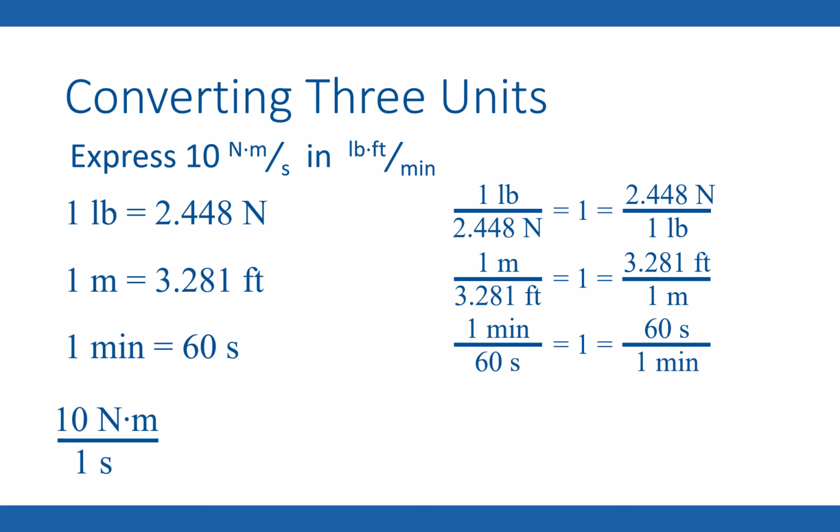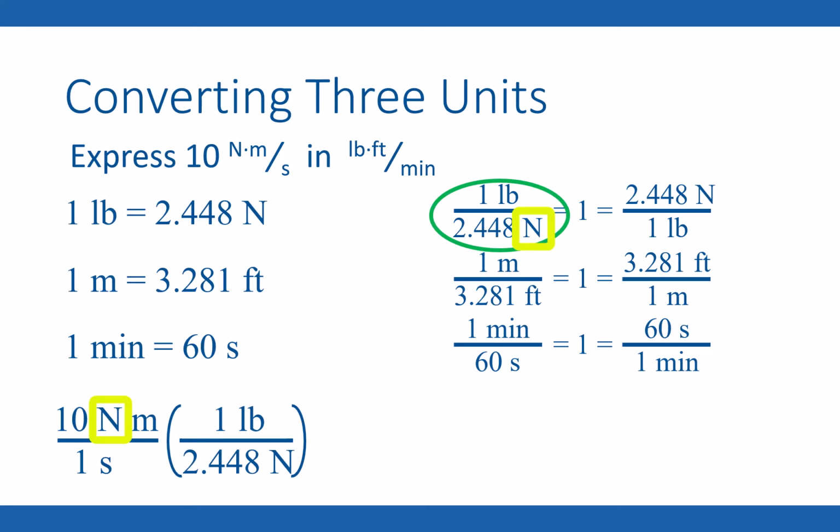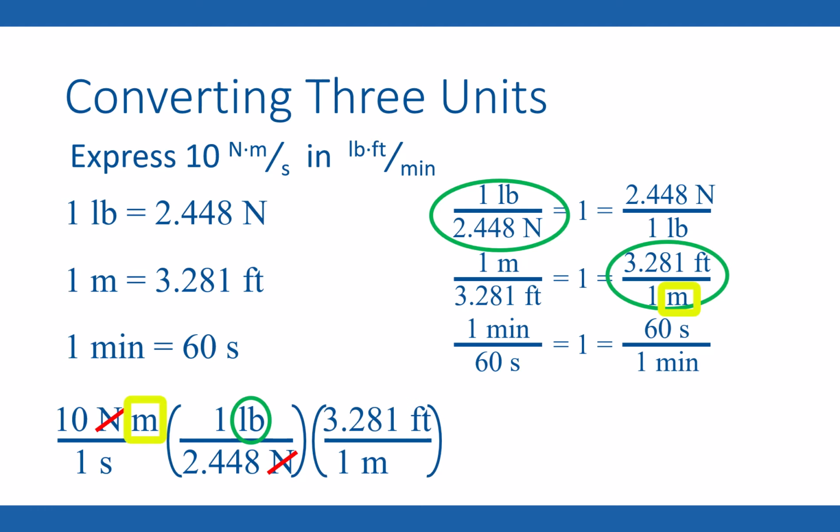Looking at our original 10 newton meters per second, we note that the newtons are in the numerator. To cancel the newtons, we need a conversion factor with newtons in the denominator. Canceling the newtons leaves pounds in the numerator. To cancel the meters out of the numerator, we need a conversion factor with meters in the denominator.